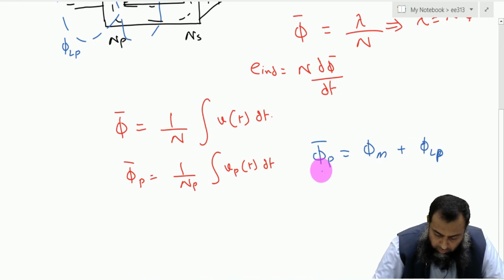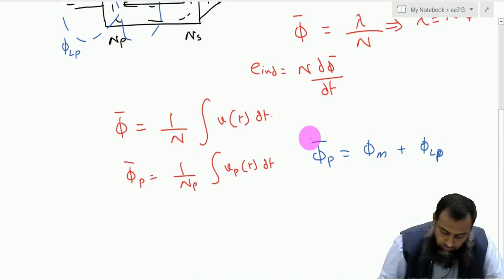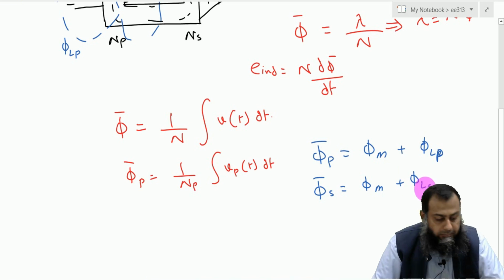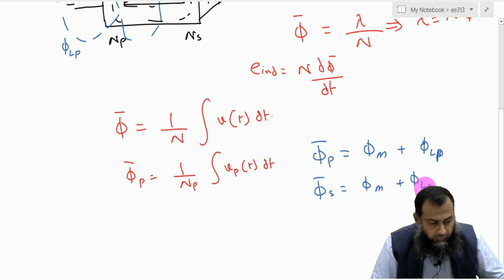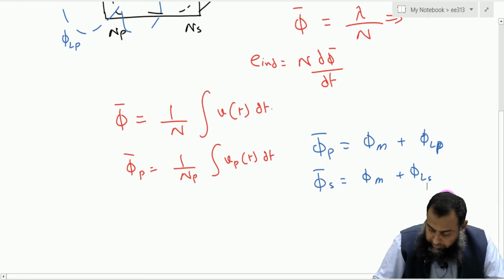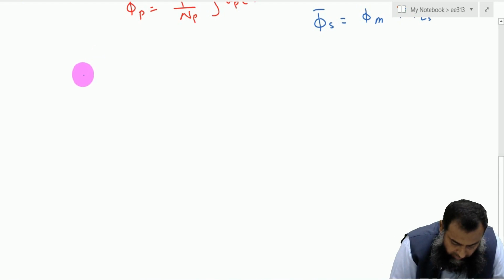This discussion is also valid if something is fed into the transformer from the other side. So we can also say that the average flux on the secondary side is equal to the mutual flux plus the leakage flux on the secondary side. Based on this, we can rewrite Faraday's law. Let me write Faraday's law.